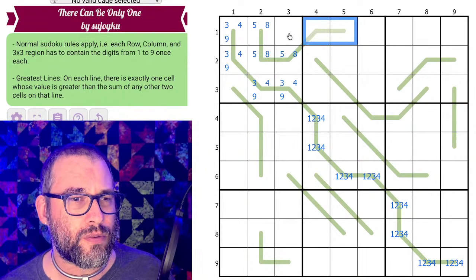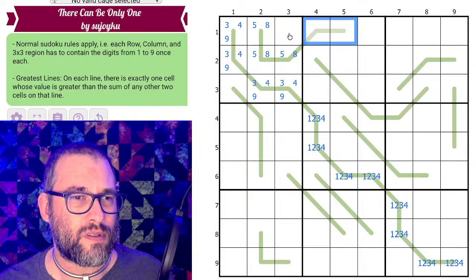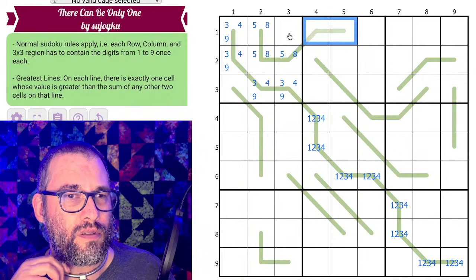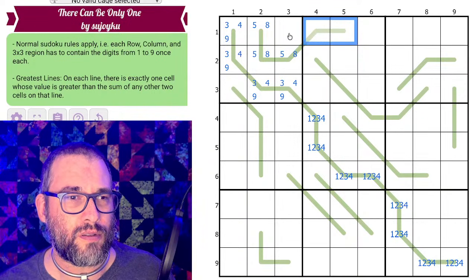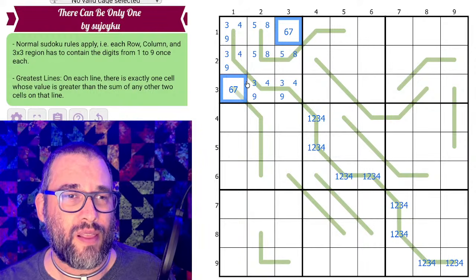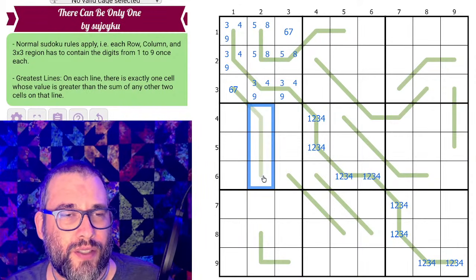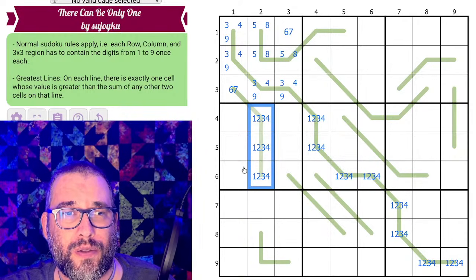Gary's saying no. We do have 6 and 7 left in this box. These digits are going to have to come from 1, 2, 3, 4, and I think they have to include a 1 and a 2.